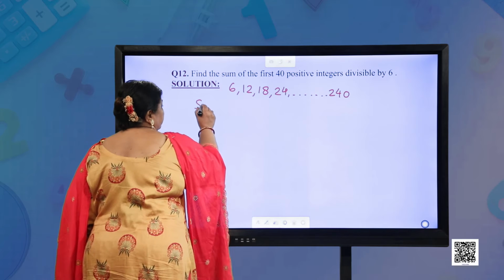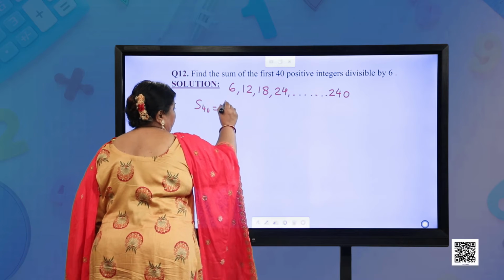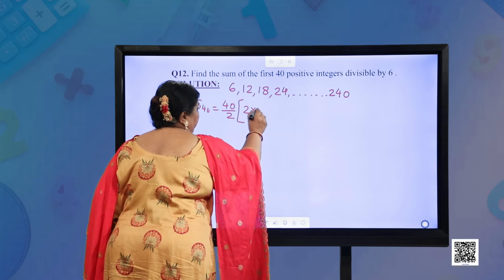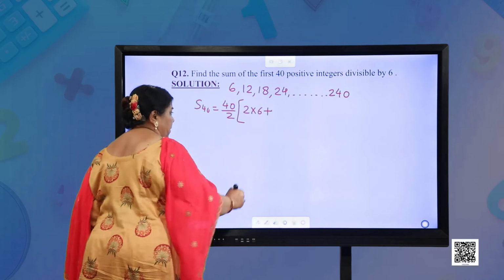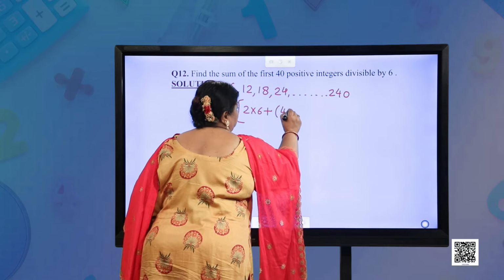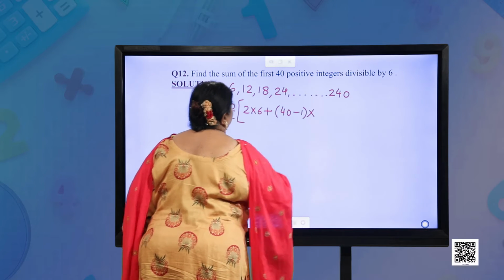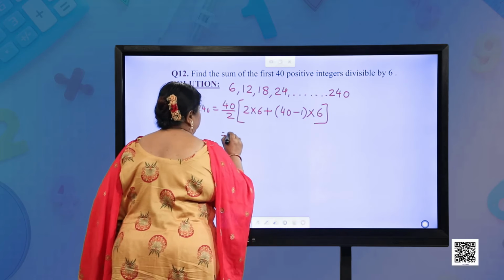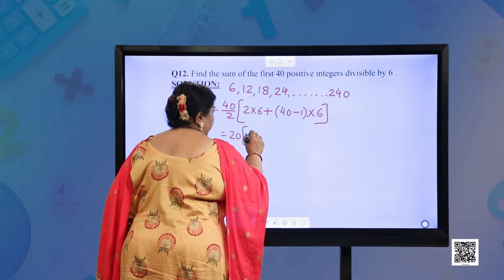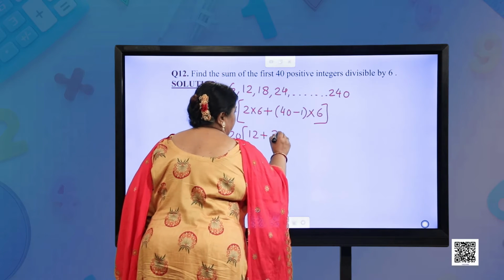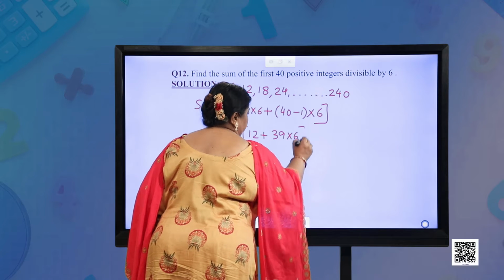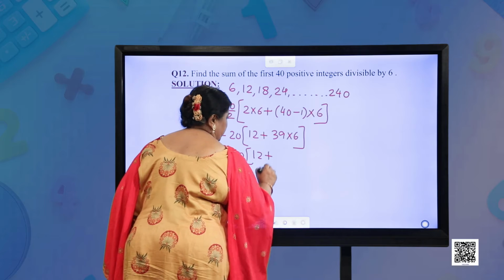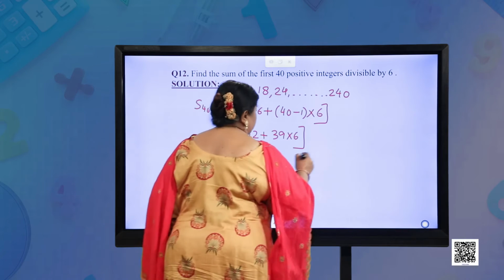So, S40 is equal to 40 upon 2 into 2a plus n minus 1, 40 minus 1 into d. What is d? 12 minus 6 is 6, good. So, we have 20 multiplied by 12 plus 39 into 6. Let us solve this. 12 plus 39 into 6.